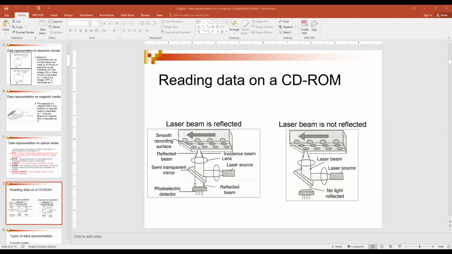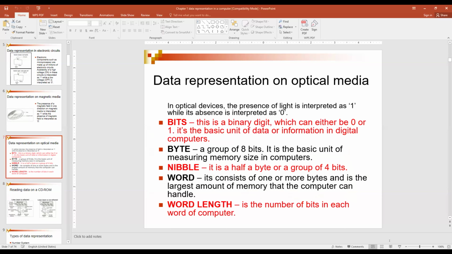So that now we demystify the issue of a word and the issue of a word length. Okay, beautiful. So what are we saying?